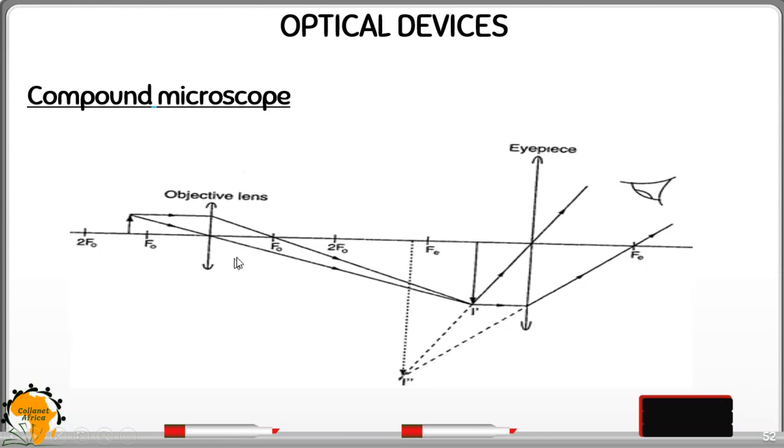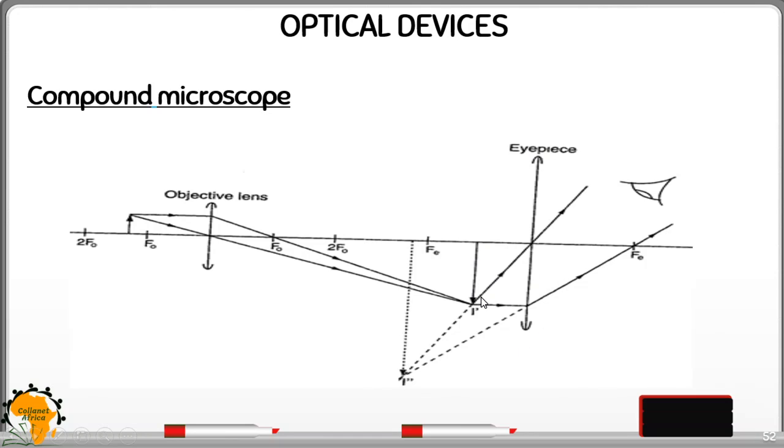So the first magnification is done by the objective lens. A ray that is passing through the optical center goes undeviated, and a ray that is parallel to the principal axis will pass through F. So the first image from the objective lens is formed here. Then this image acts as an object to the second lens, which we are calling the eyepiece lens.